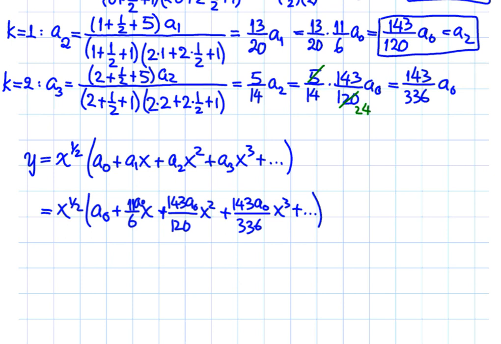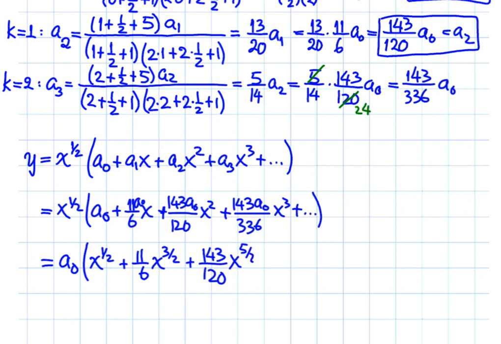So I multiply the x to the 1/2 inside and factor out A0. So we have x to the 1/2, 11/6 x to the 3/2, 143/120 x to the 5/2, and 143/336 x to the 7/2, and the series goes on.